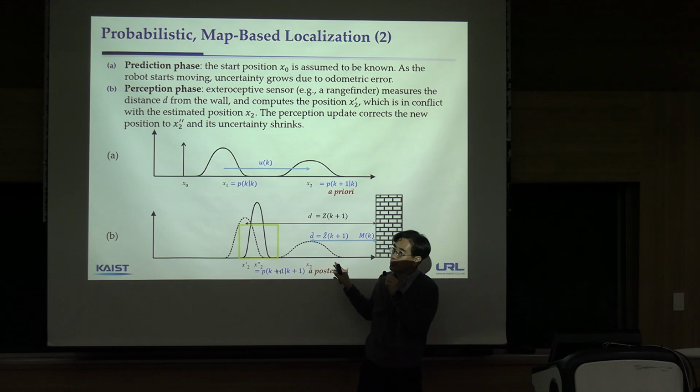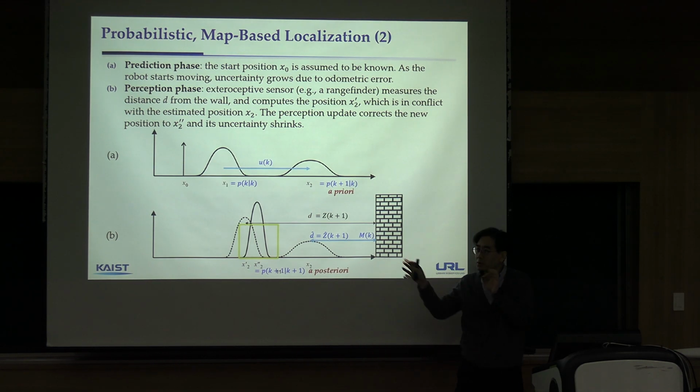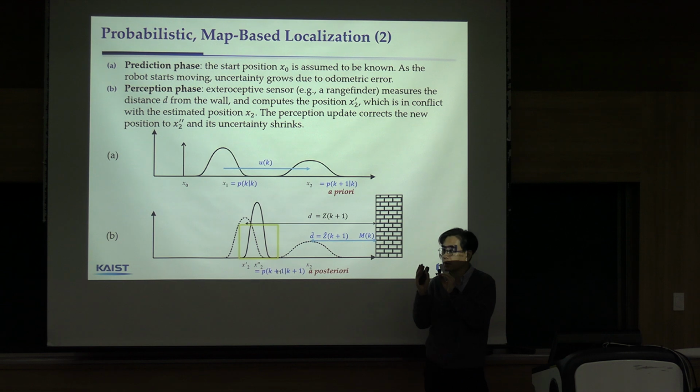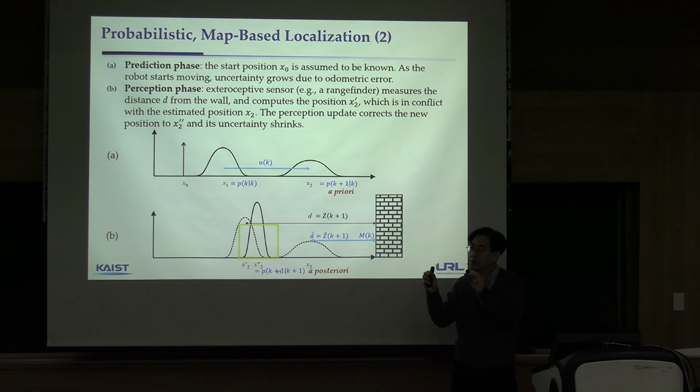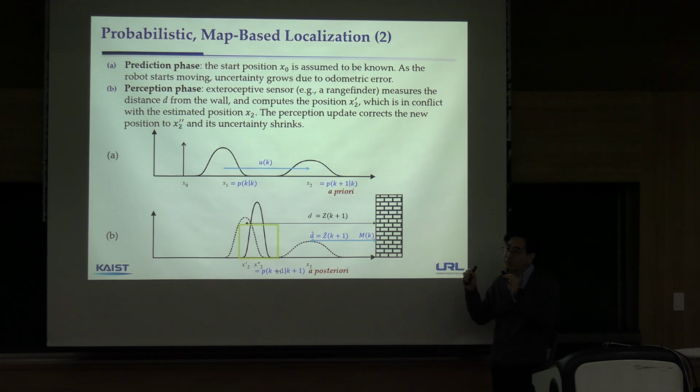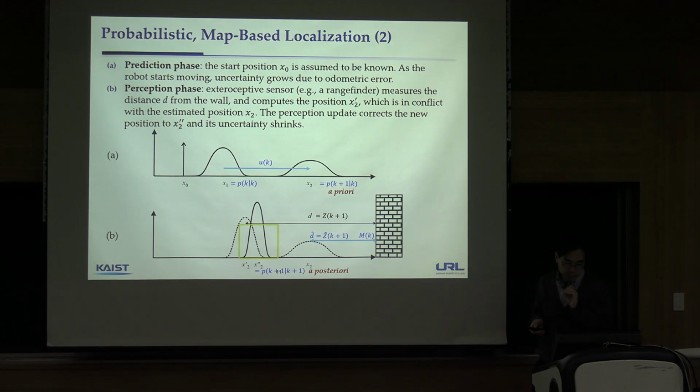This always happens. If you have the previous two measurements and you fuse them together, then you always get a better result. So we get more refined position information by utilizing this scheme.